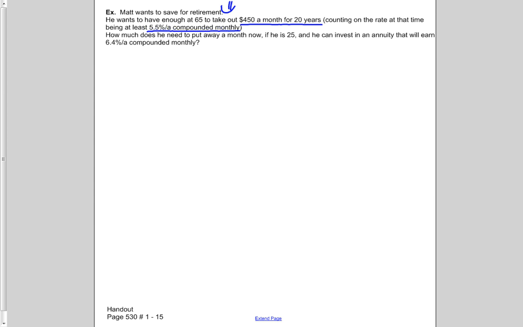Secondly, how much does he need to put away a month now if he is 25 and he can invest in an annuity that will earn 6.4% compounded monthly? First thing we need to look at is how much does he need at 65?